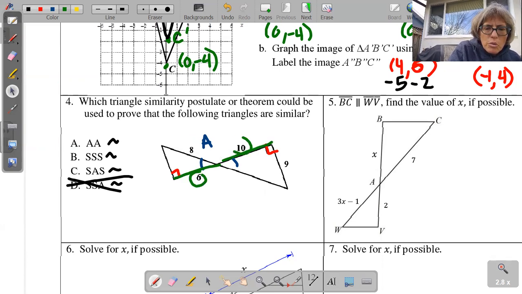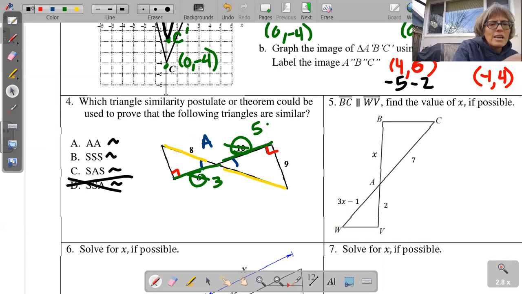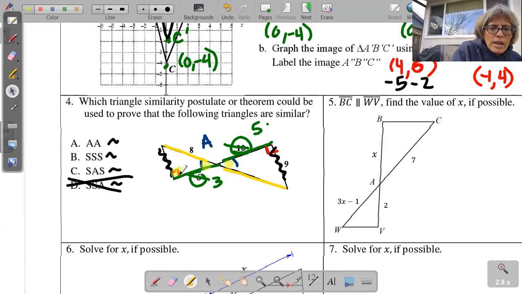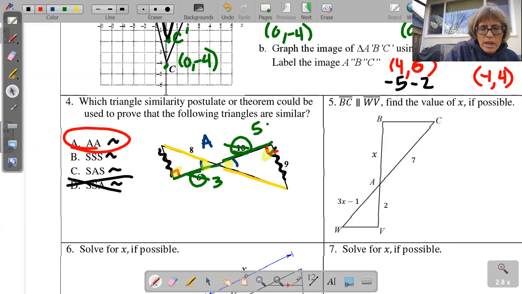So the 6 goes with the 10, and we reduce that. We know 2 goes in here 3 times, 2 goes in here 5 times. And we come here, 8, there's nothing to match with the 8, and there's nothing to match with the 9, but we already established that they're similar because of the angles in the middle and the right angles. So it would still be angle-angle similarity.